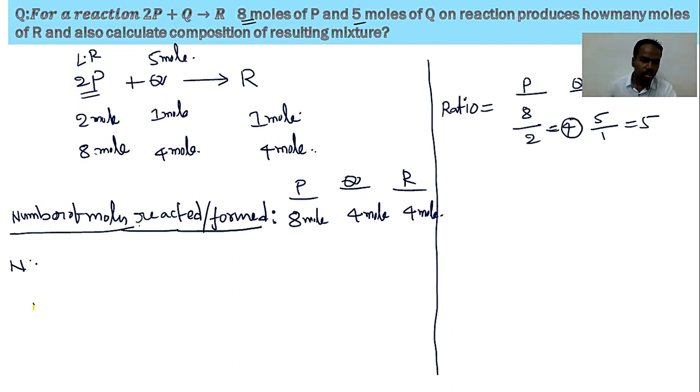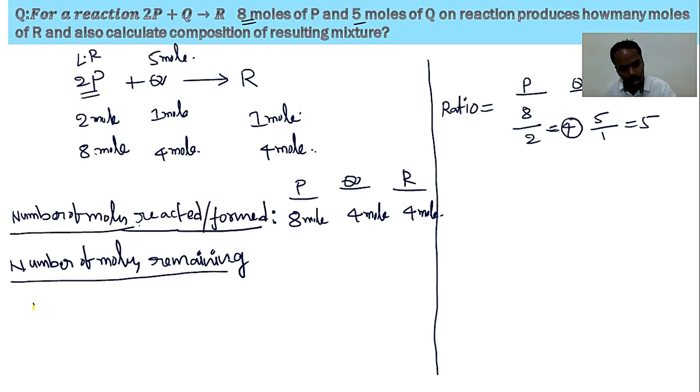And the number of moles remaining in the final reaction mixture, or the number of moles unreacted. The given number of moles of P is 8 moles, and 8 moles are reacted.